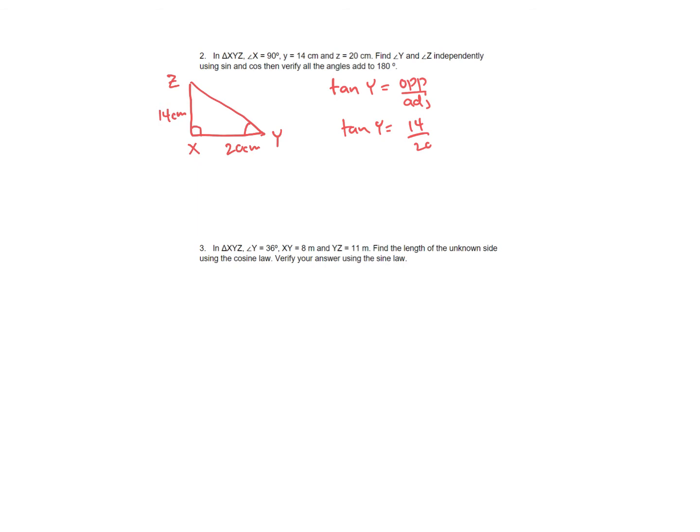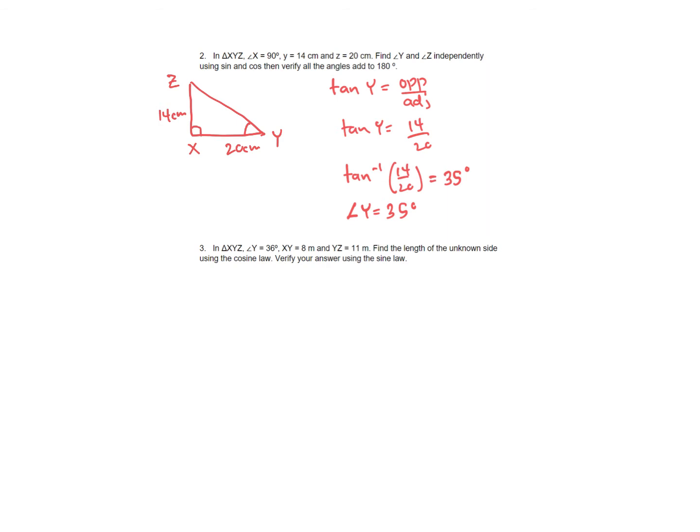If we want to find the measure of an angle, we want to use the inverse function of tan. You will see tan with the little -1 there. And we usually round to the nearest whole degree. So angle y will be approximately equal to 35. Again, making sure that our calculator is in degree mode.